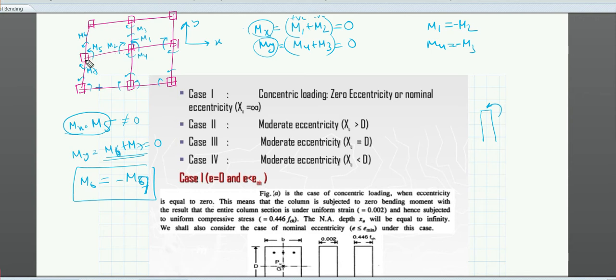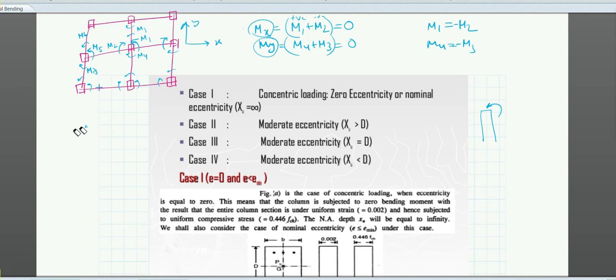Now if you see this particular column, if I say that it's a perfectly symmetric building, symmetric means all the beams and column sizes are same, all the spans of the beams are same, everything is same. In that case you can say that m6 is equal to minus of m7, and for this column, mx will be m5 and my will be 0.